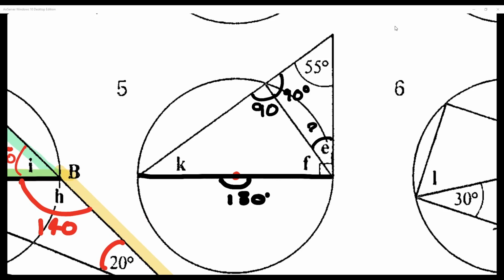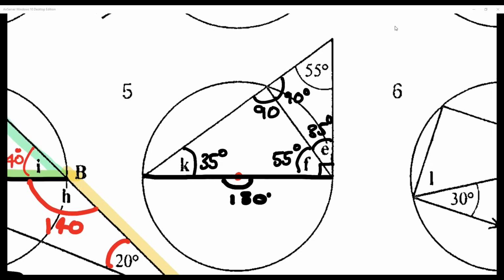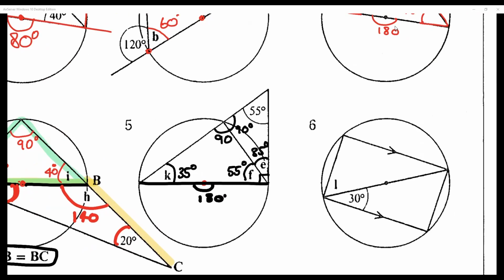That's 35. And what's this one here? That's 35. 35 and 35 is 70, and they're both up to 90. 45, 55. And what's K? 35. Okay.